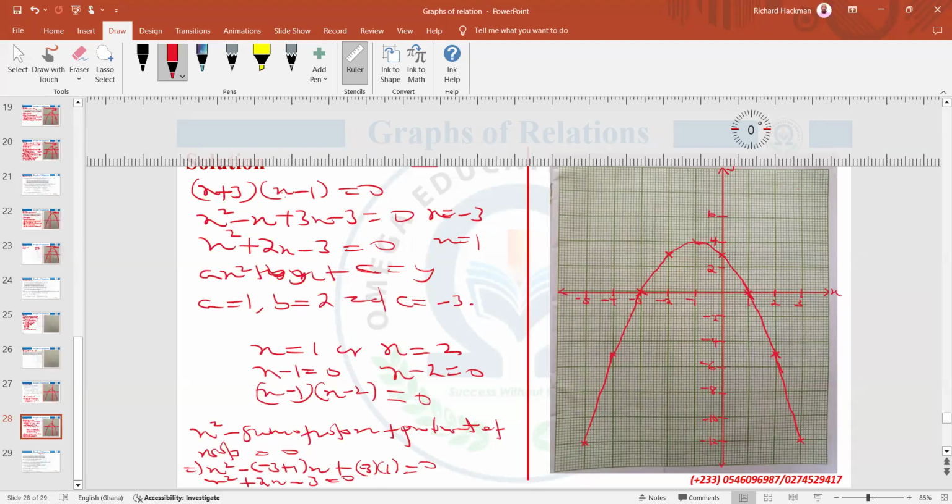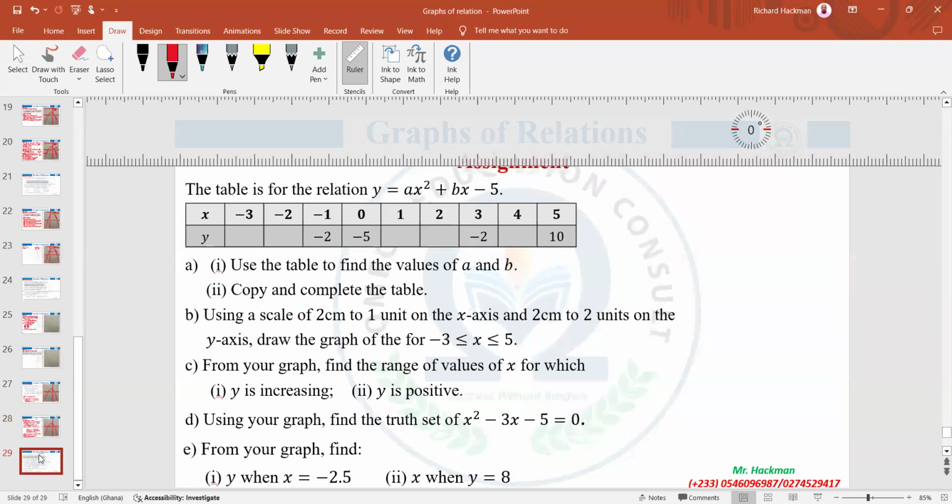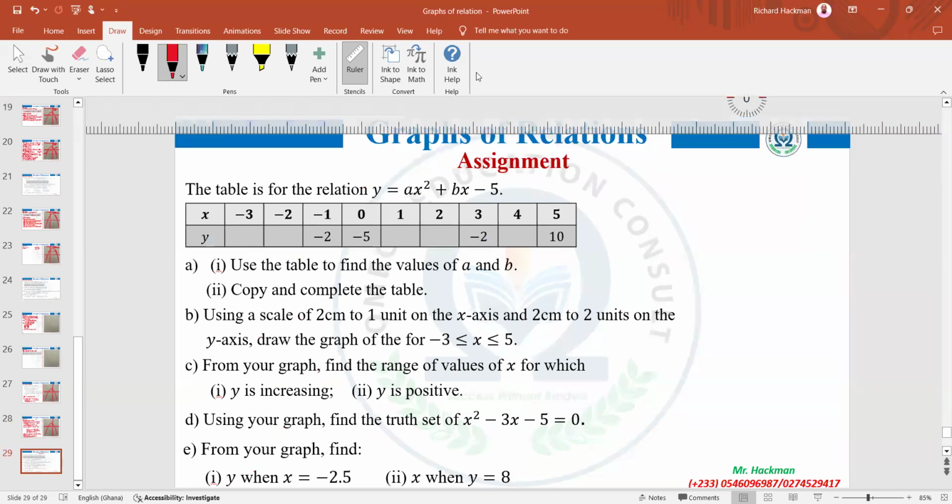In fact, I wanted to give this one to you as your assignment. Maybe I can still give it to you to test your level of understanding for today's work, especially this one. But in the test, take note, the graph will be provided.